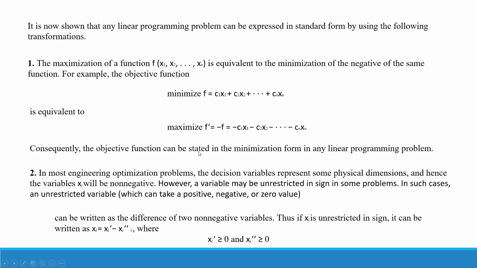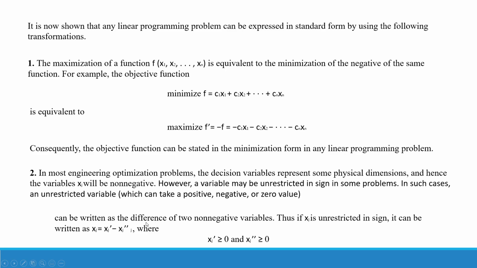It is important to know that in most engineering optimization problems, the decision variables represent some physical dimensions, and the x variables will be non-negative. However, in many cases we can have unrestricted variables, with positive, negative, or zero values.